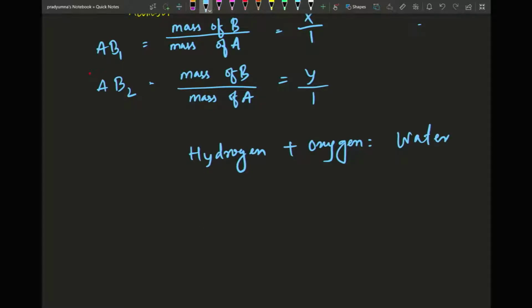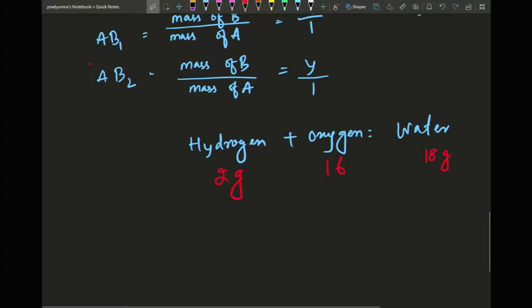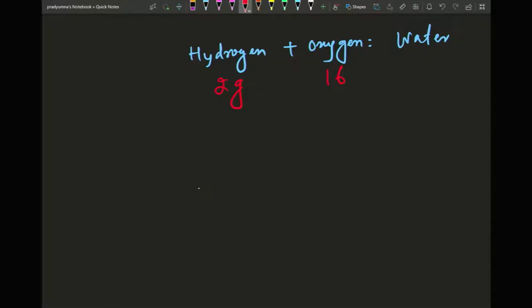Also, there is another compound. We know that 2 grams and 16 grams are going to give you 18 grams of water, but we are not looking into 18 for now. We are looking at the ratio of these two. And then also we know that hydrogen and oxygen can combine to give you hydrogen peroxide.